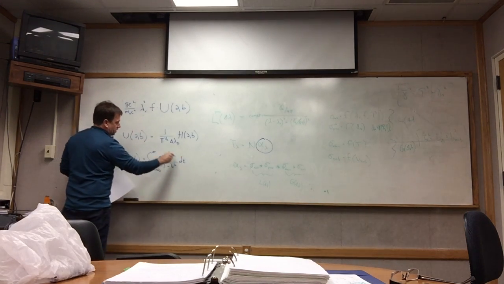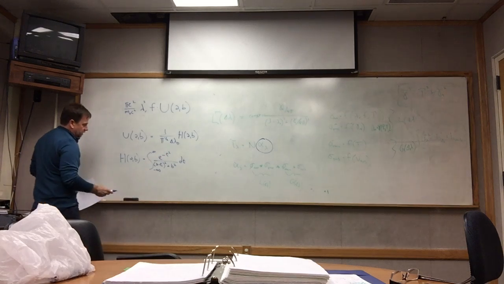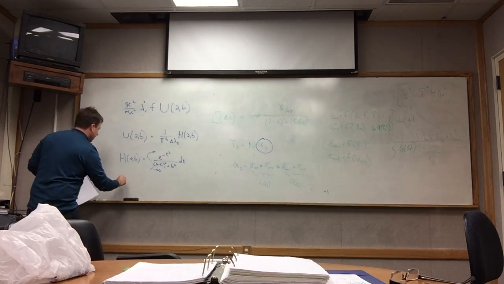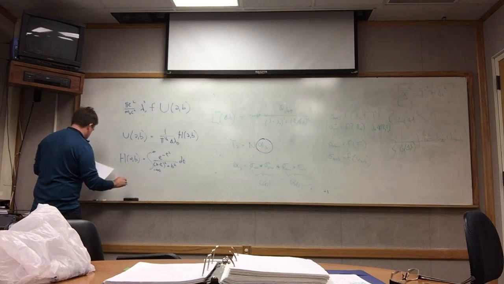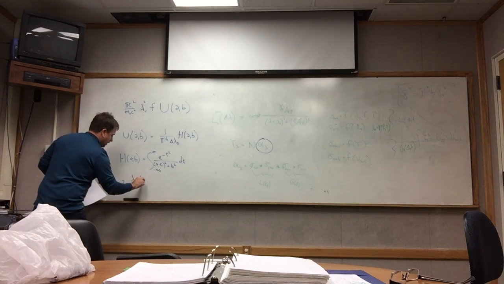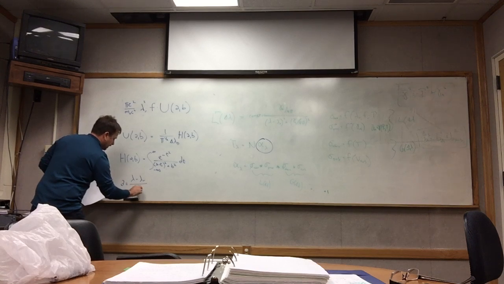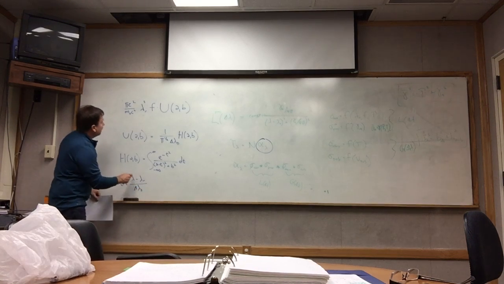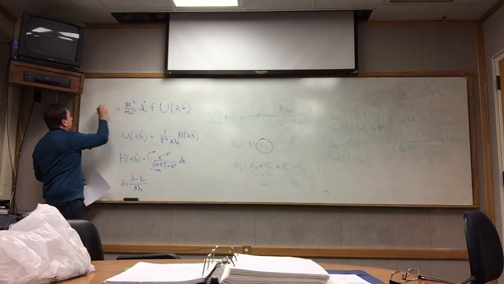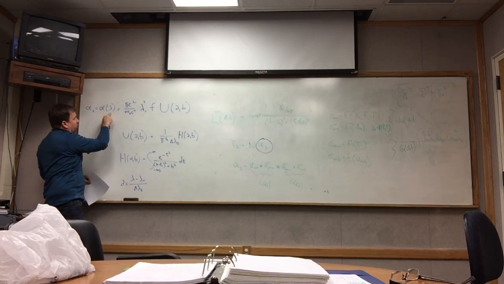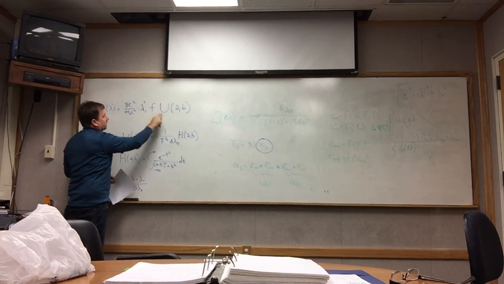So t is your dummy variable for integration, effectively wavelength. And then a is lambda minus lambda r over delta lambda D. So this is basically your alpha of lambda at some wavelength. This is a rest wavelength.